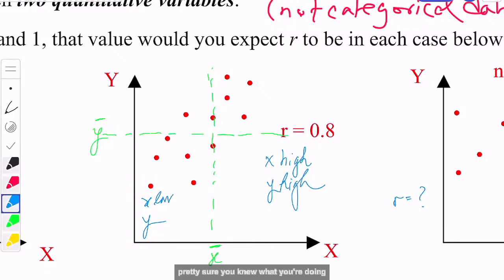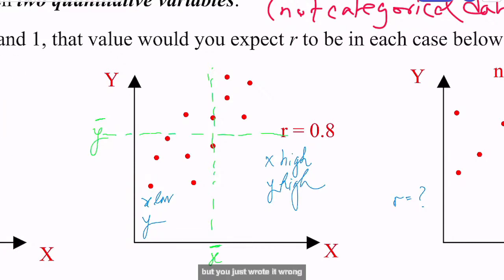But I'm pretty sure you knew what you were doing, but you just wrote it wrong. So when X is low, Y is? Low, very good. So when X is low, Y is low. When X is high, Y is high.